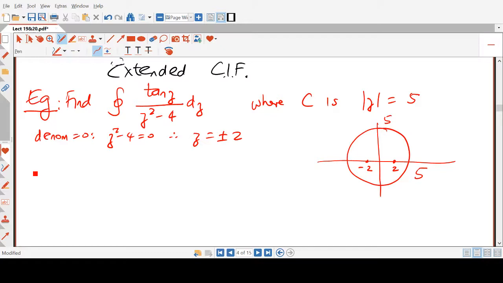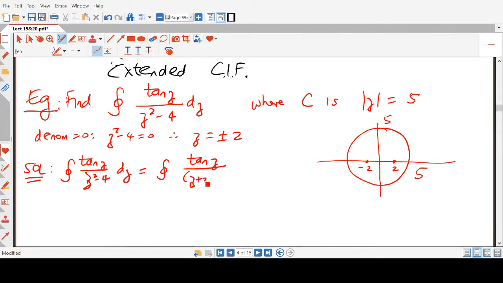So the solution: I can write the integral of tan z over z squared minus 4 dz as the integral of tan z over (z plus 2) times (z minus 2) dz.